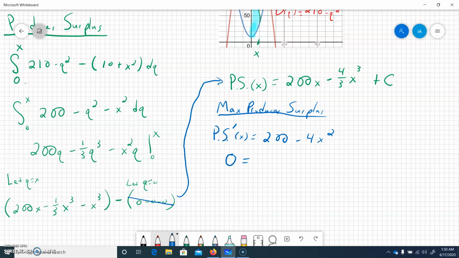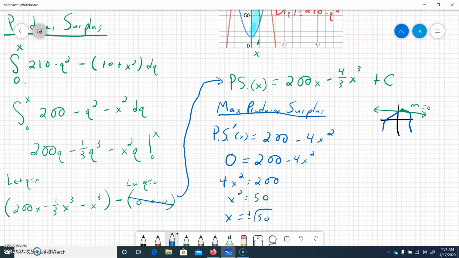Remember that from the first half of the semester, that if you want a high point, it would be where you have a horizontal tangent. So let's set this equal to 0. We've got 200 minus 4x squared equal to 0. So we will now solve this equation. Is that 50? So technically we would get plus or minus the square root of 50.